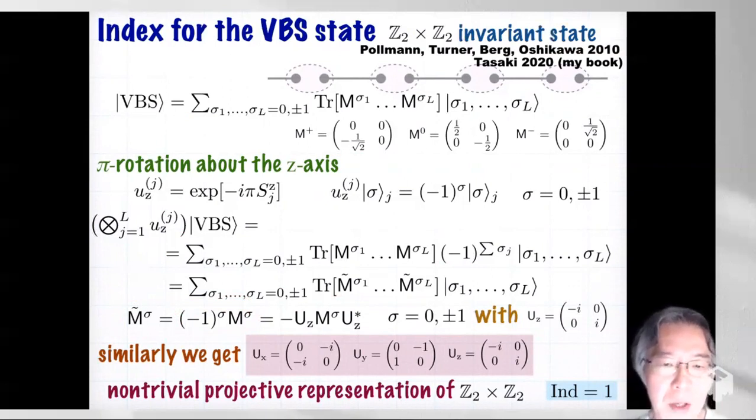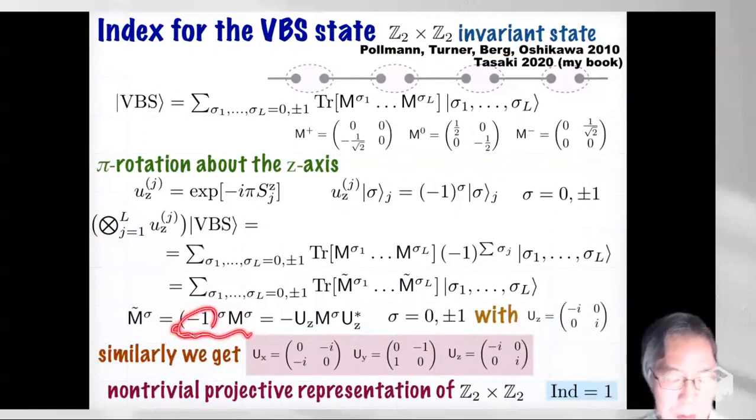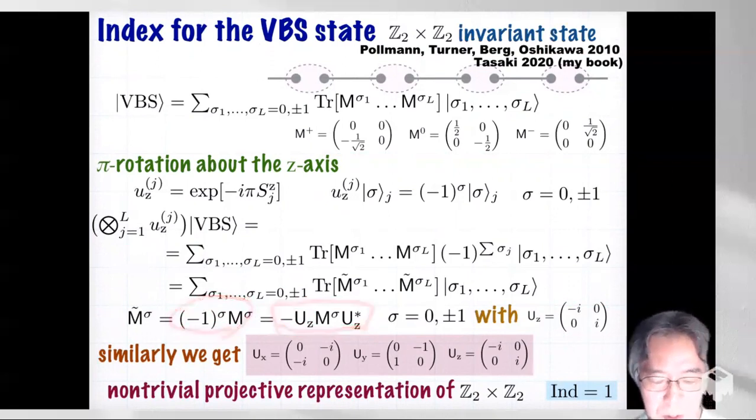One non-trivial observation is that you can rewrite this by using a sigma independent matrix UZ in this way. You know, this is simple, but this prefactor depends on sigma. But look here, UZ does not depend on sigma. So I say that for any sigma, 0, plus, minus, this can be written in this way using this UZ. So this is the important matrix.